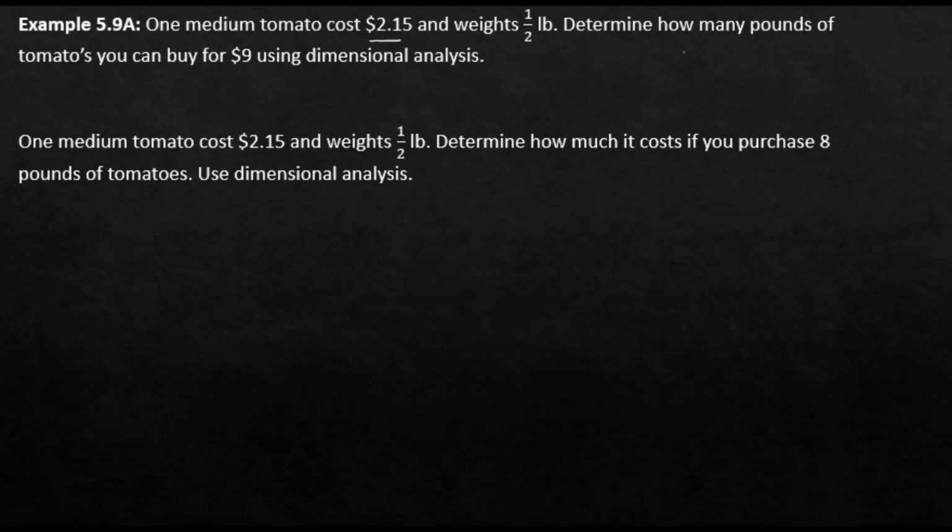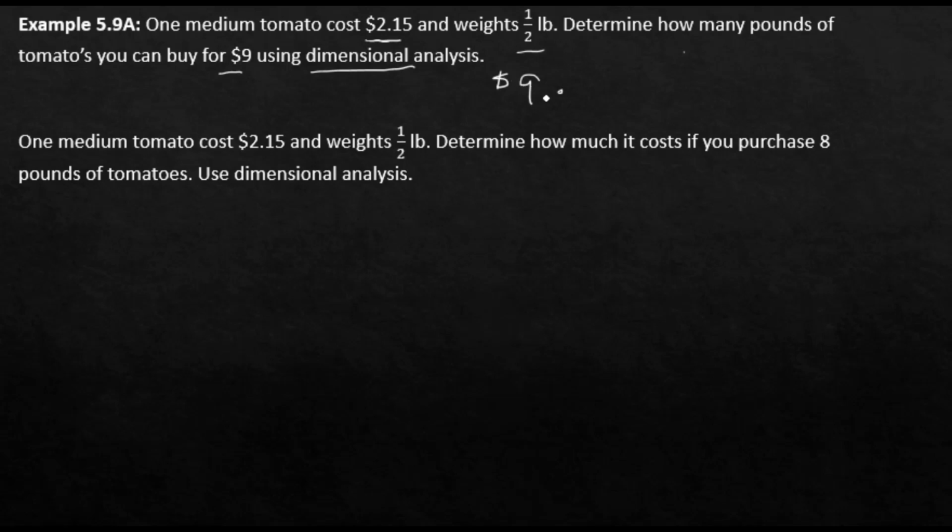So this is our last example, and it says one medium tomato costs $2.15 and weighs a half a pound. Determine how many pounds of tomatoes you can buy for $9 using dimensional analysis. So I'm just going to write my $9 down here, and my conversion factor is $2.15 equals 1/2 pound.